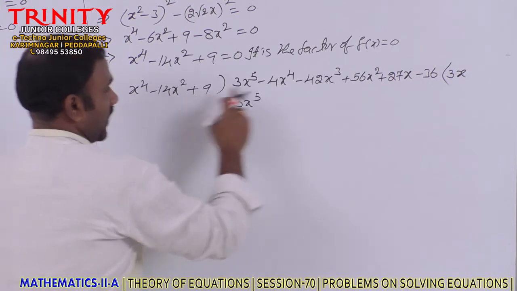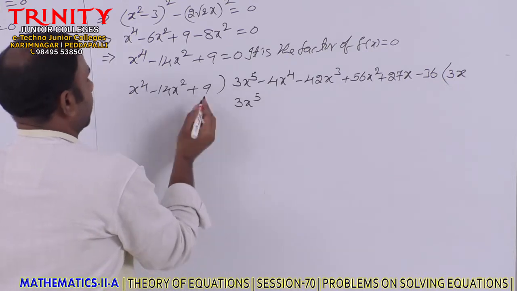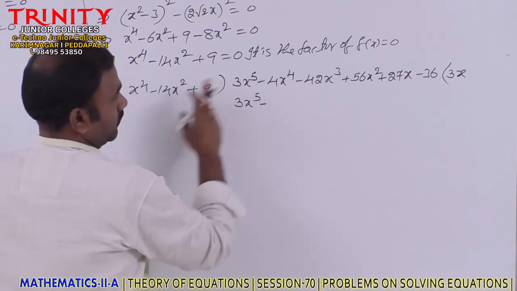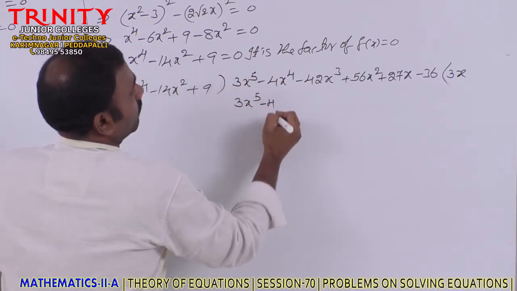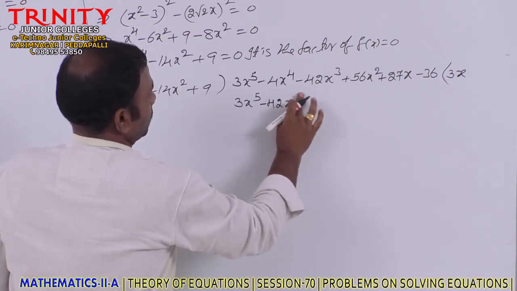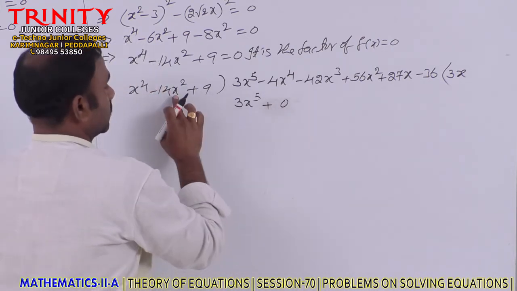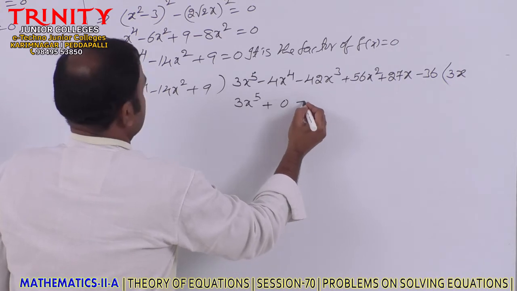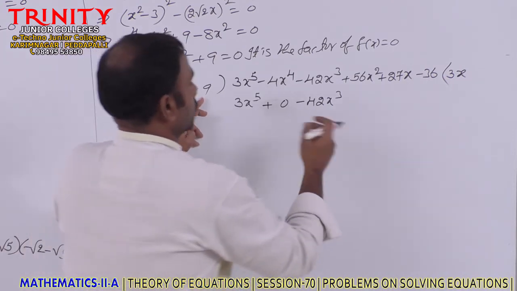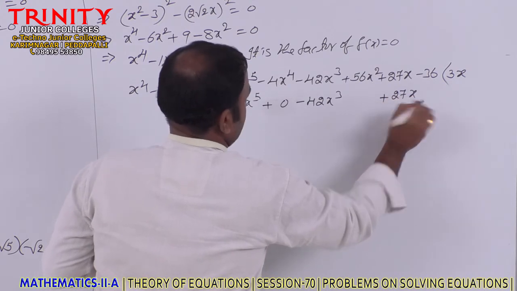Minus 14x square into 3x, minus 14 3s are 42 x power 3. Power 4 we are not getting, then we go to power 3, minus 42x cube. 9 into 3x plus 27x.